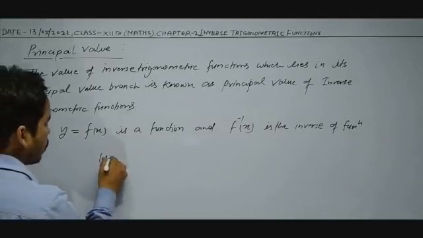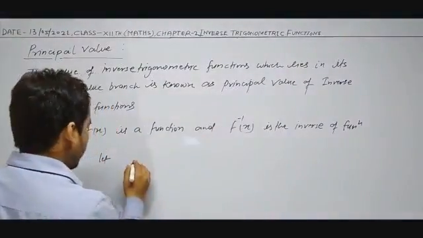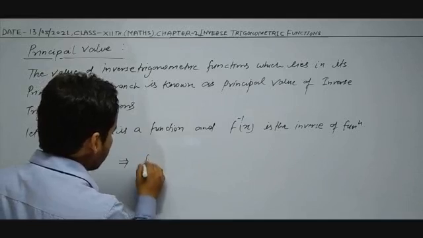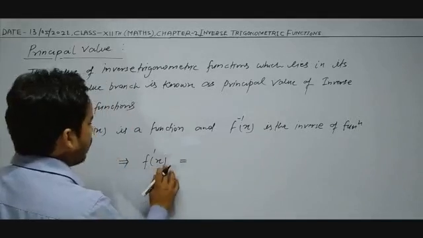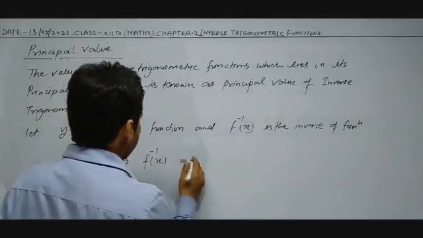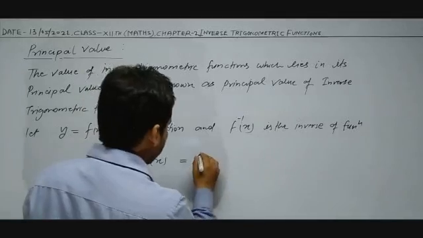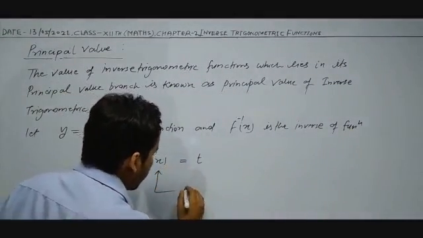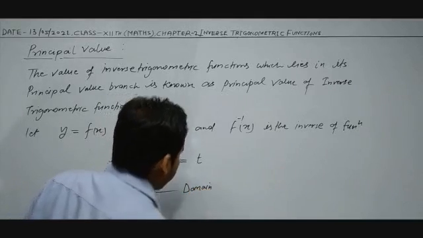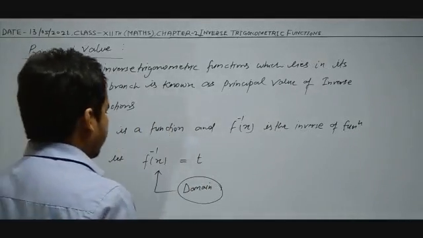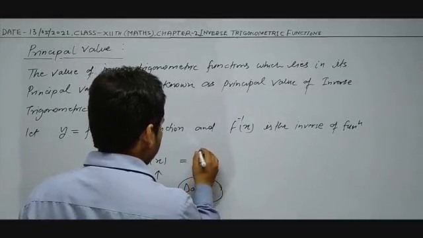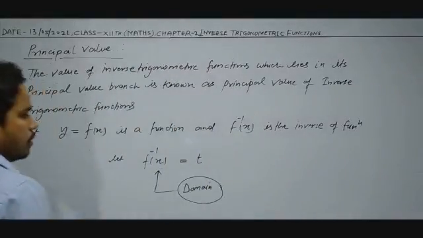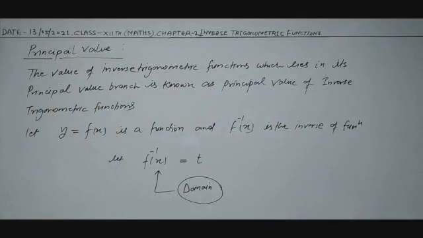So let f inverse x be equal to t. Then this is the domain part, and this part is the range, or the set of all elements, that will be the codomain.